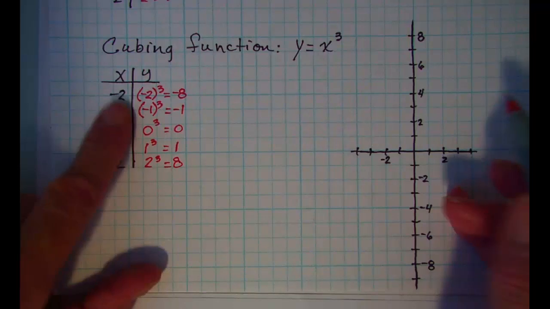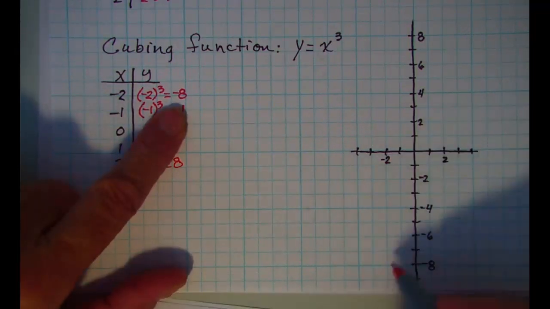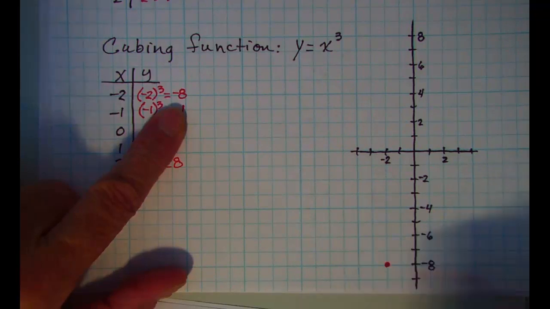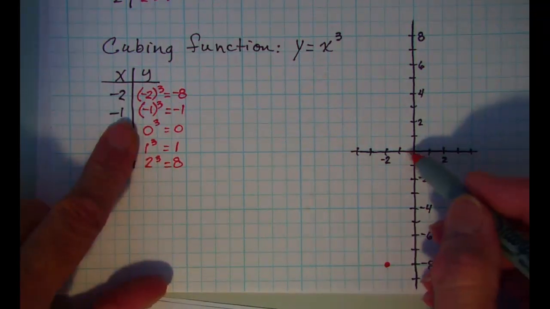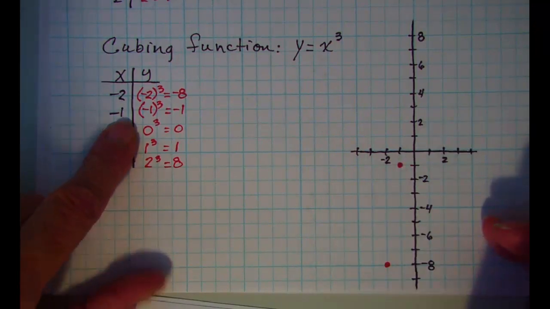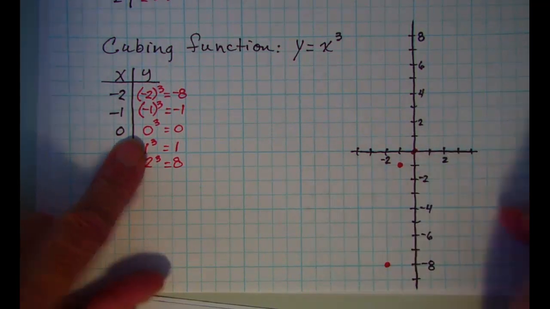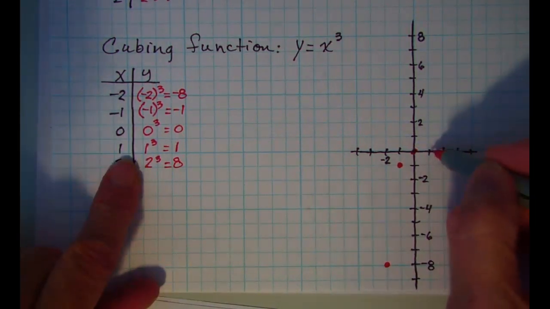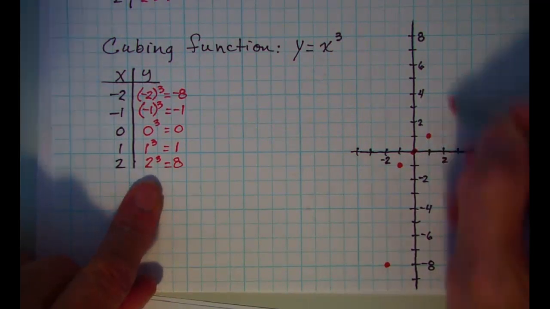So if I plot these points, -2, -8 is down here. -1, -1, 0, 0, 1, 1, and 2, 8.